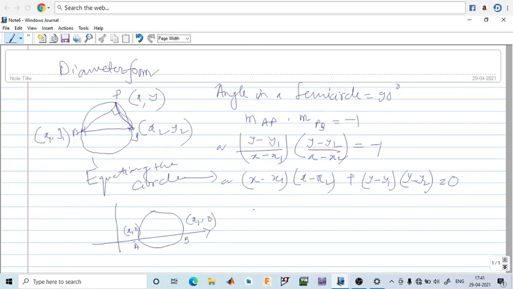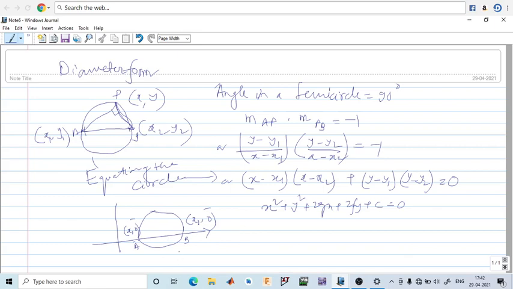Then if I write the equation of a normal circle as this, as y is 0, the two points on the circle lie on the x-axis.